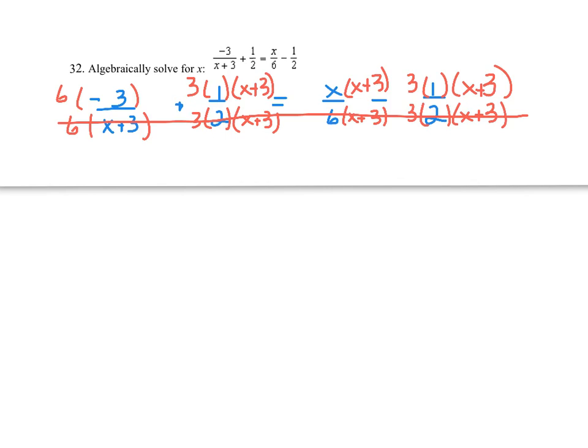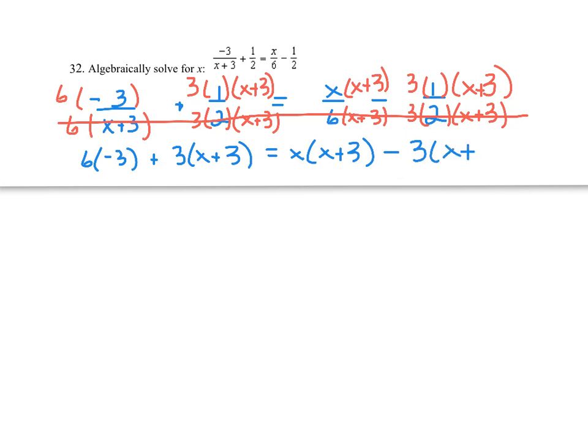So I have 6 times negative 3 plus 3 times x plus 3 equals x times x plus 3 minus 3 times x plus 3. That's what's left in the numerators.